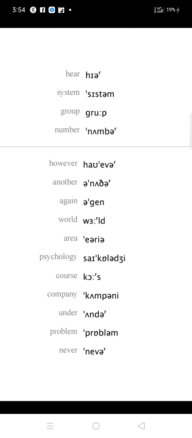Then g, then a, and finally n. So a, g, a, and n. There are four sounds.